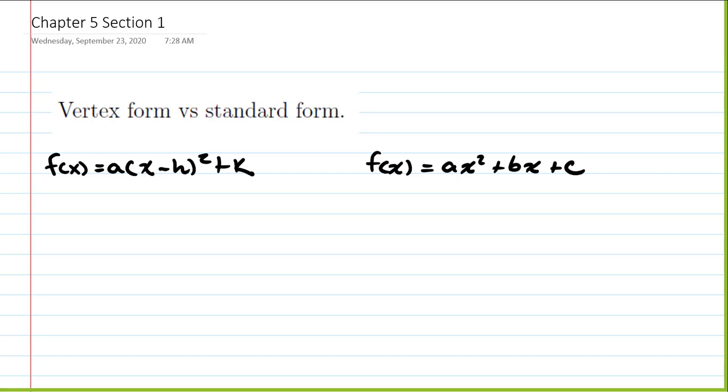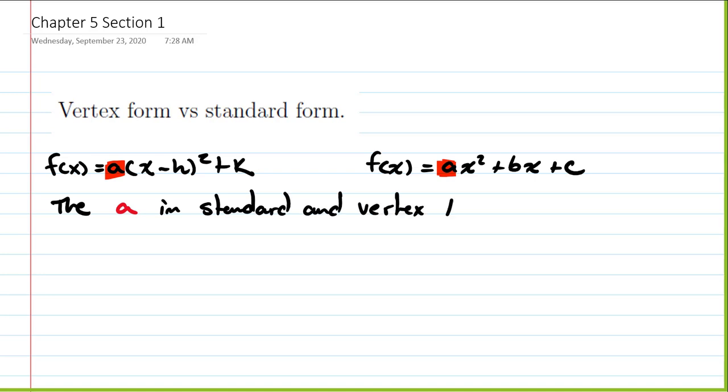One thing that is worth noting, the a in standard and vertex form is the same. And we will use that.